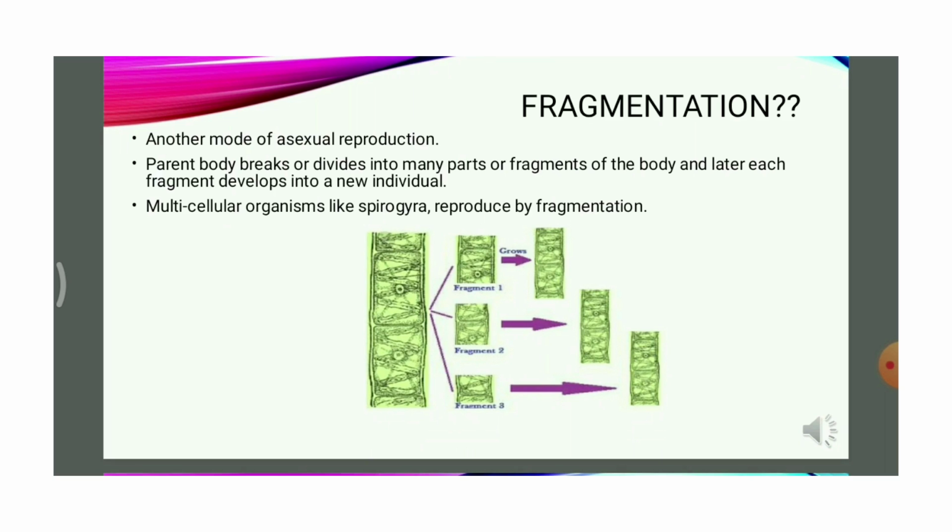Especially multicellular organisms like Spirogyra can reproduce by fragmentation. Here we can see in this picture wherein the whole body of Spirogyra undergoes fragmentation to form fragment 1, fragment 2, fragment 3, wherein fragment 1 grows into a new individual or a new offspring.